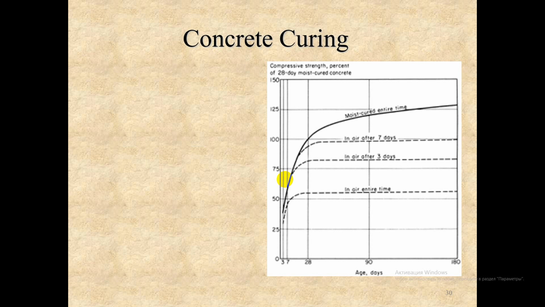The result is that the rapid hardening Portland cement gains strength more rapidly in the early days than the ordinary OPC.